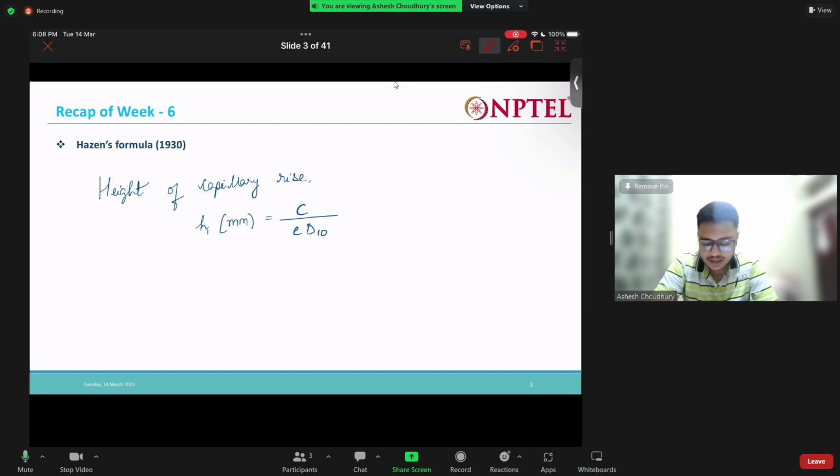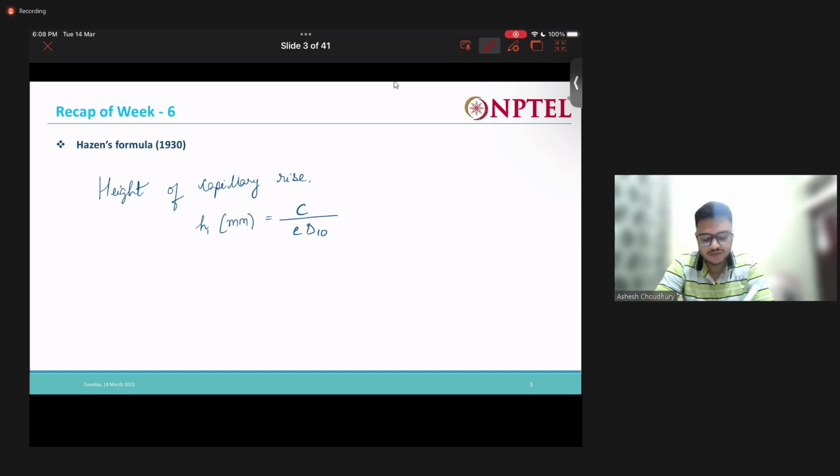In 1930, Hazen gave a formula relating the D10 size, the effective size, to the height of the capillary rise. If the size of the tube is small, the water will rise to a higher length.